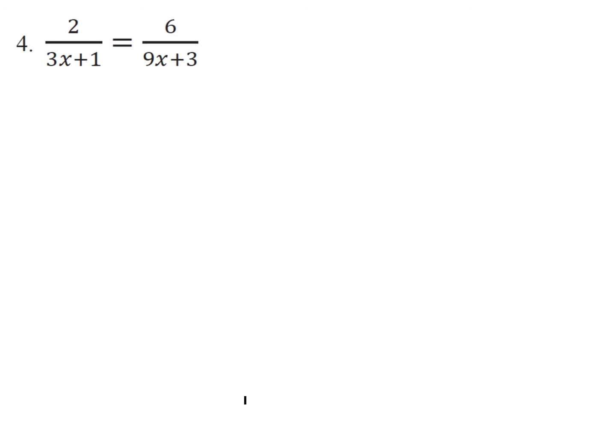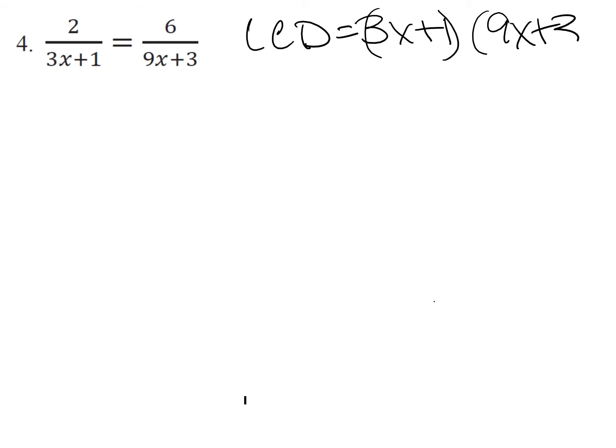Okay, so here the LCD is 3x plus 1 times 9x plus 3. I'm going to multiply that on both sides.